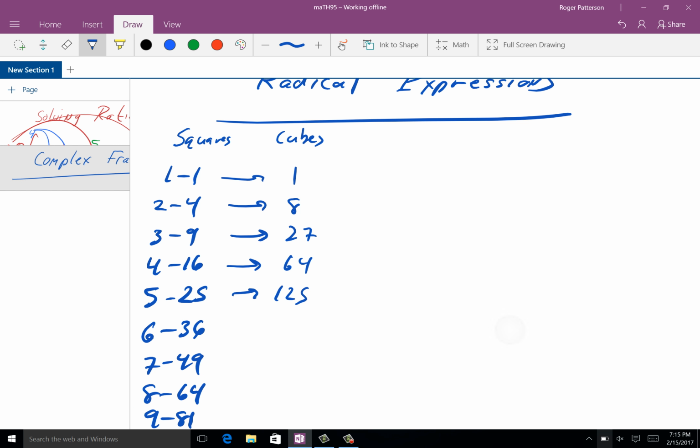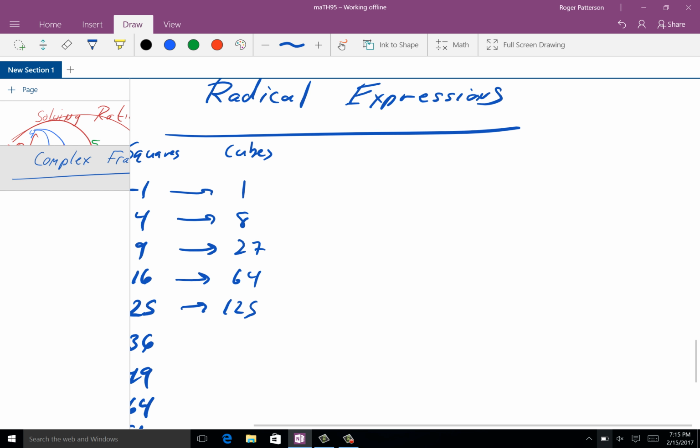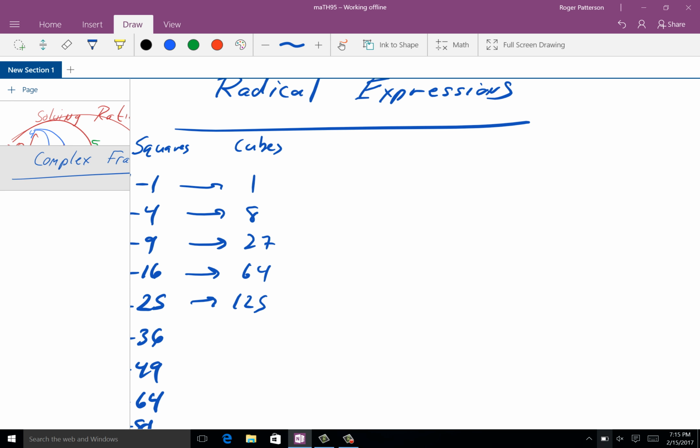Okay, so there's a couple different things. I'm just going to start out a little bit from the bottom and then work our way up. So let's talk about simplify first.